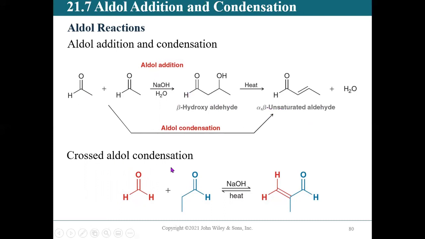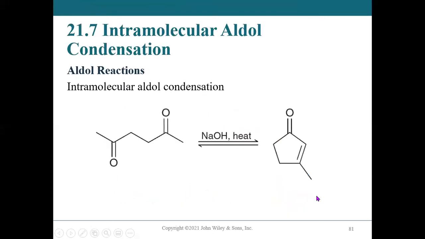When we want to have the cross aldol reaction, we must use one of the carbonyl compounds that doesn't have alpha hydrogen. In this example, formaldehyde doesn't have alpha hydrogen, then we can have a simple one product. Or we have to use LDA, some strong base, to direct the reaction into only one possible product.